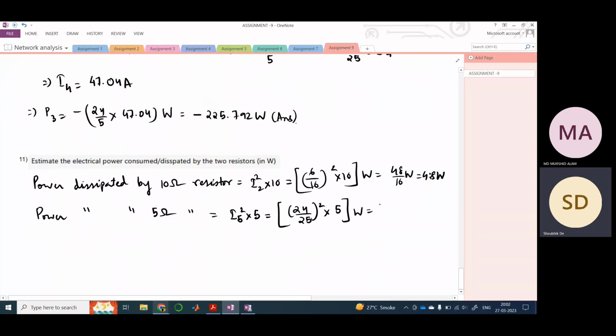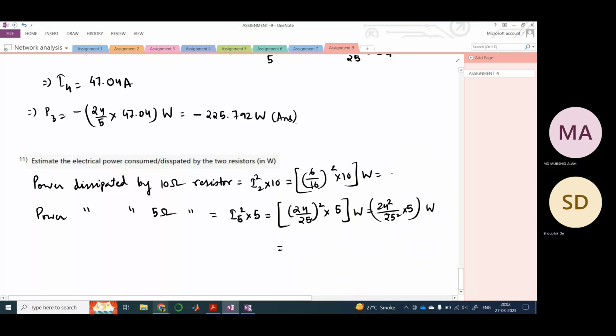So this would be 24 square by 25 square into 5. So this 5 just gets cancelled, and this would come out to be... oh sorry, this is wrong, right? 6 into 6 is 36, it's not 48.